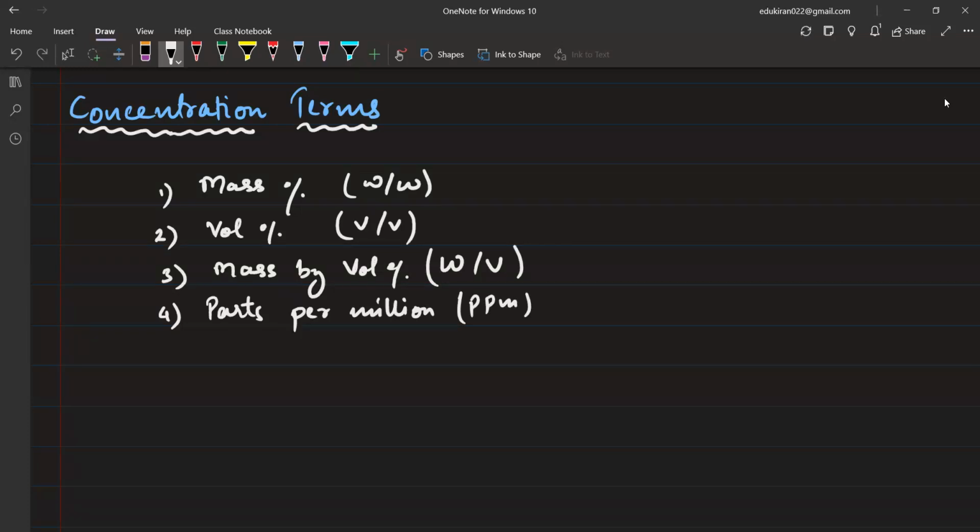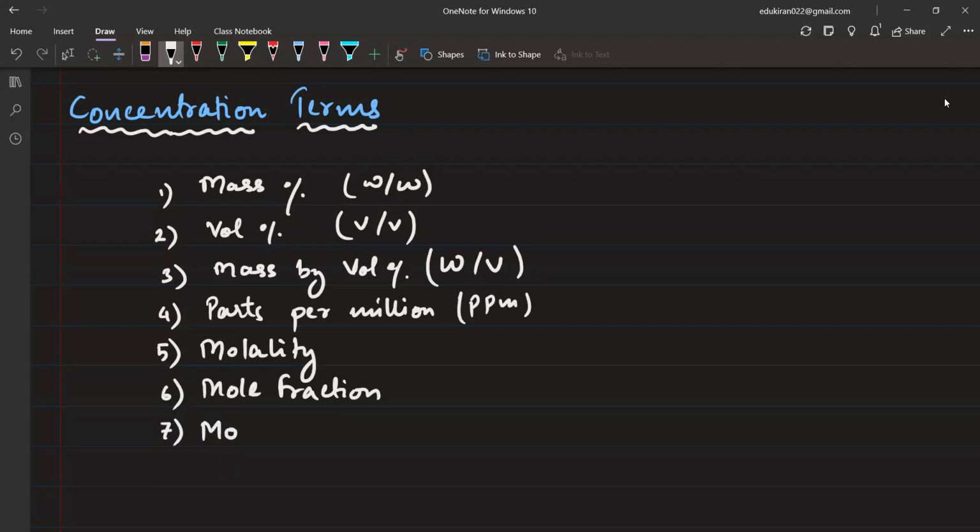Now, after parts per million, we will study molality, mole fraction, and seventh is molarity. Molality is given by small m, mole fraction is given by chi, and molarity is given by capital M.